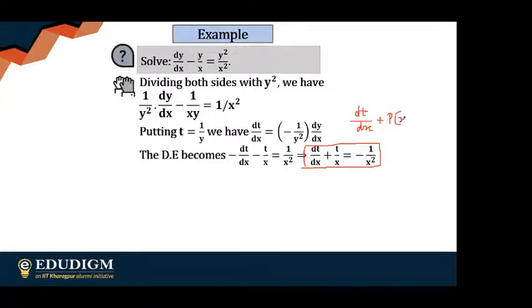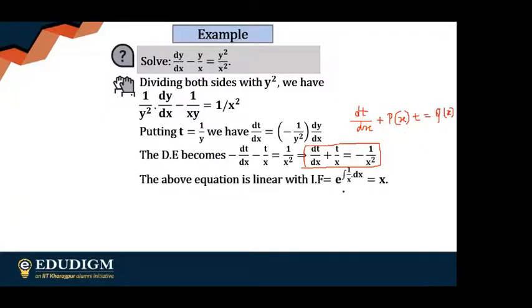You see the structure, write down the structure, because this will actually help you to identify which kind of equation this is. So can I see this as a linear differential equation of first order? Yes. So now, what is the integrating factor? You know that the integrating factor will be e to the power integral of p dx. What is p here? P is 1 by x.